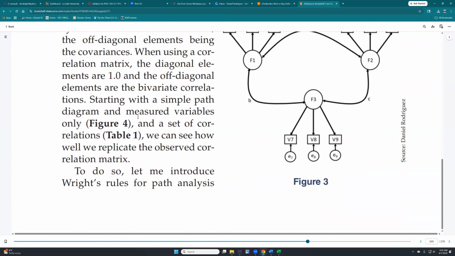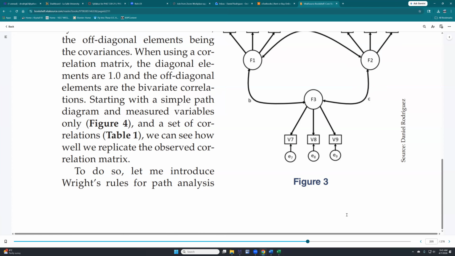Starting with a simple path diagram, we're going to go to figure 4 and a set of correlations, table 1. We can see how well we replicate the observed correlation matrix. Okay, so the idea is we're going to have a model that we drew, right? I have the variables, I ran a correlation matrix.